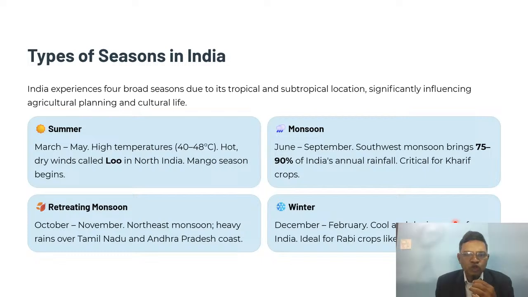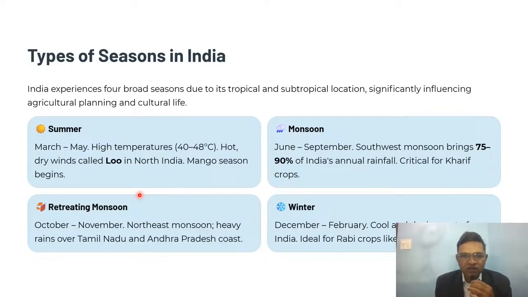From March to May, the temperature is between 40 and 48 Celsius. It is hot, with dry winds called Lu in North India. They ask this in the exams. The dry winds in North India in summer are called Lu, and the mango season begins.